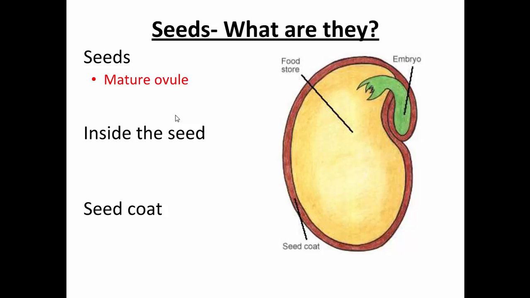Okay. So the seed is what forms once the ovule is fertilized, but it won't form until then. And it has a few different things inside of it. Often these seeds will form inside of fruits depending on the plant.